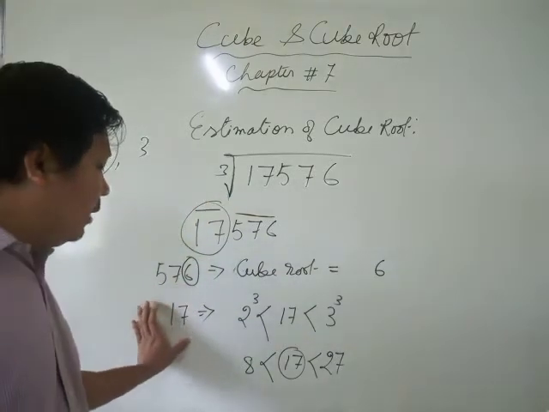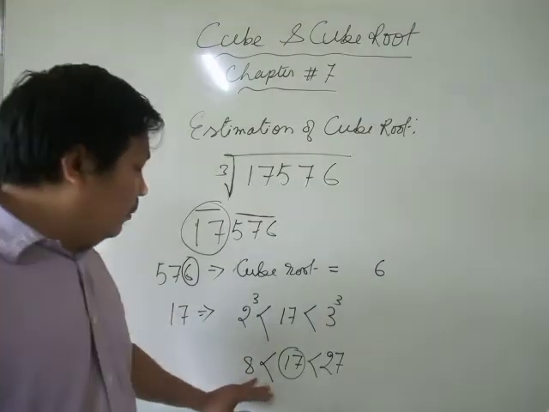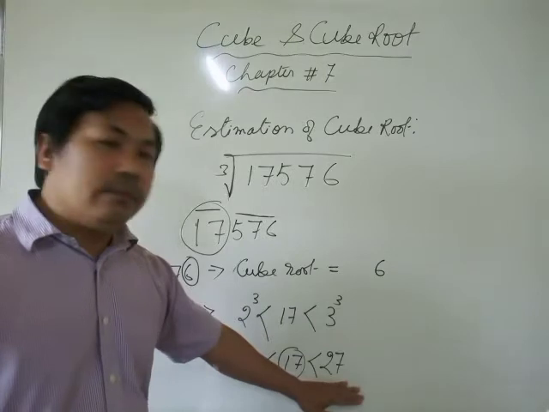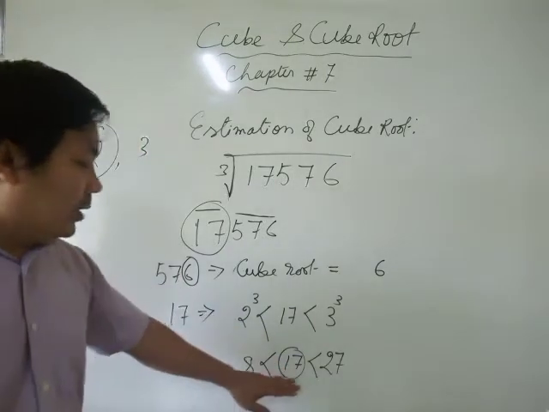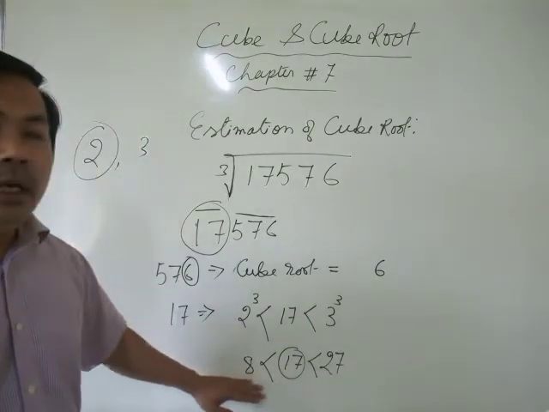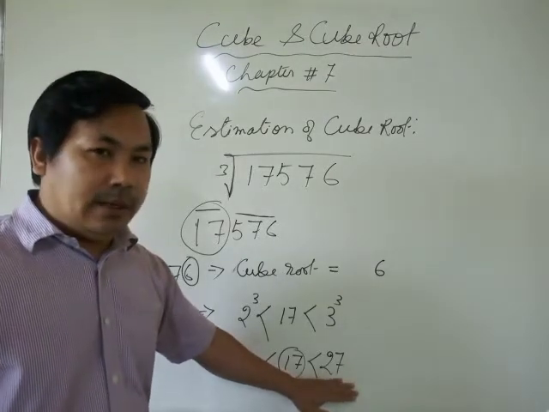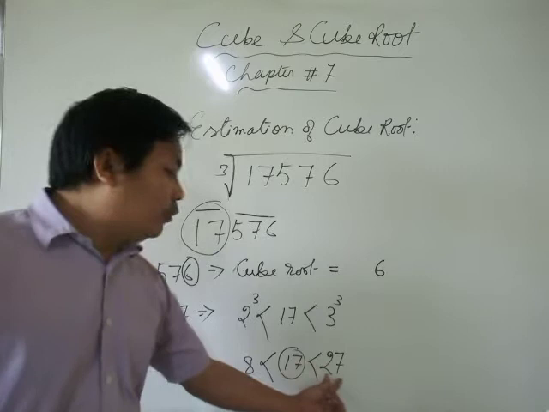We find that 17 is lying between the cube number 8 and the cube number 27, which are the cubes of 2 and 3, isn't it? Yes.